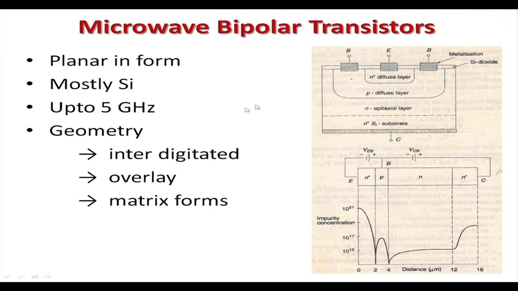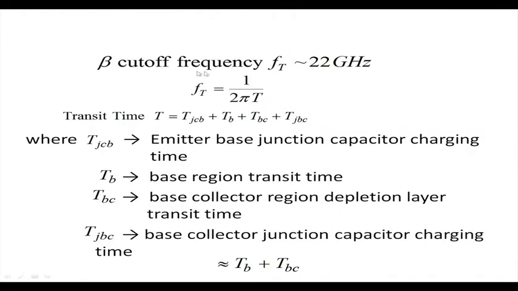Beta cutoff frequency is typically 22 gigahertz. So, up to 5 gigahertz they are used, and transit time depends on the emitter base junction capacitor charging time, base region transit time, base collector region depletion layer transit time, then base collector junction capacitor charging time.